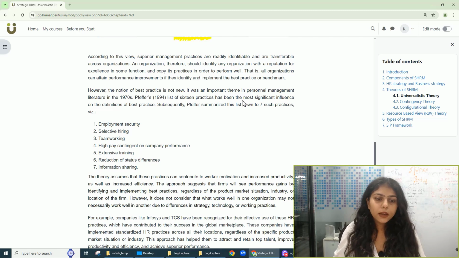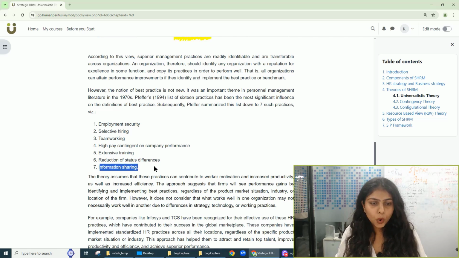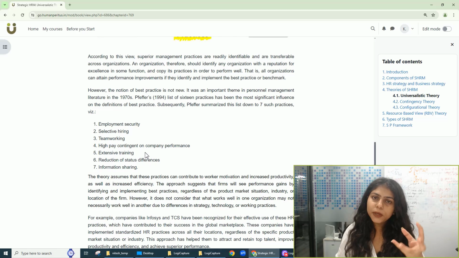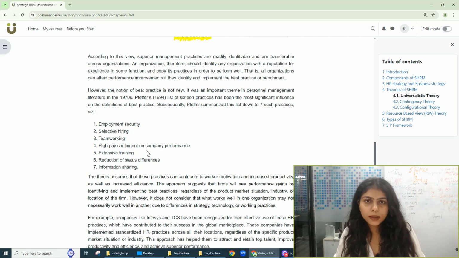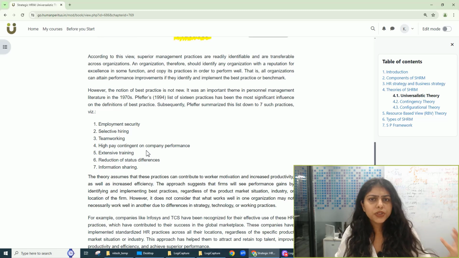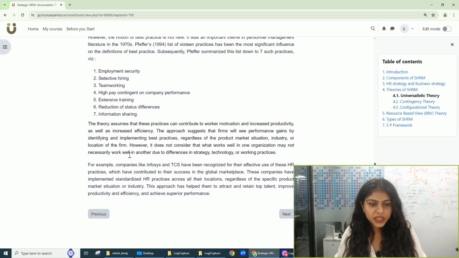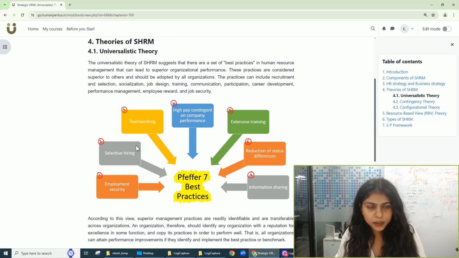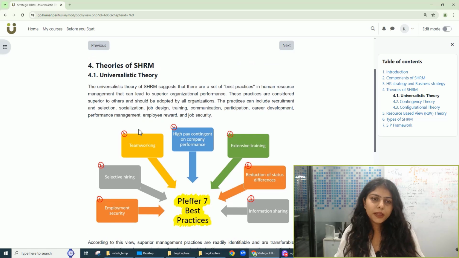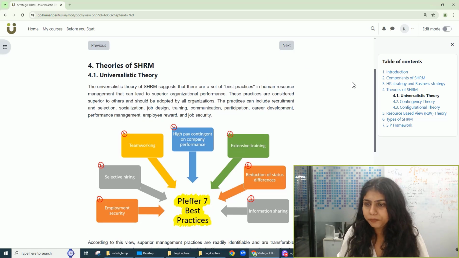So essentially, there should be transparency between the top management and the employees about the company targets and objectives. So these are the 7 best practices that are part of universalistic theory.